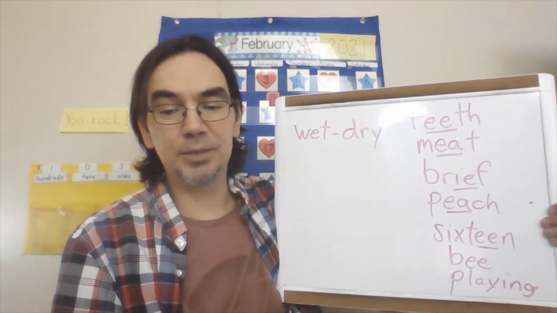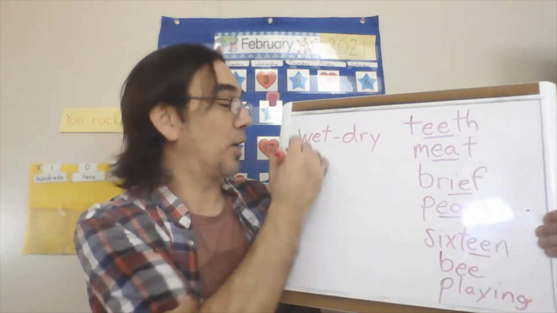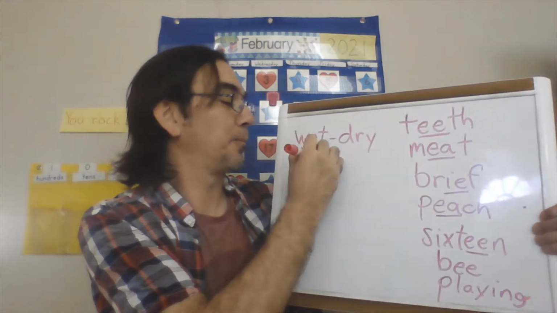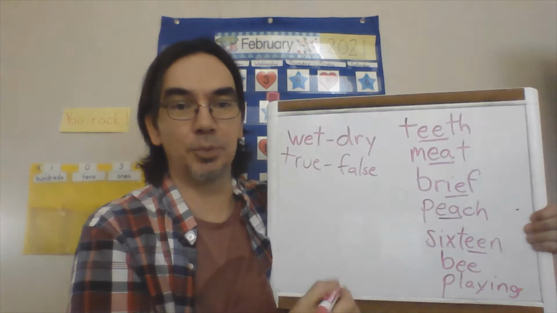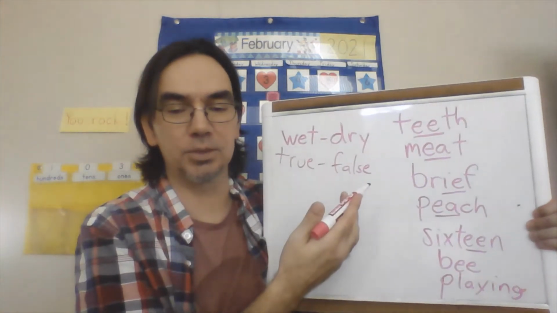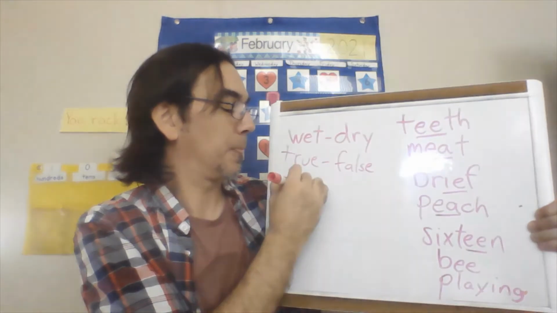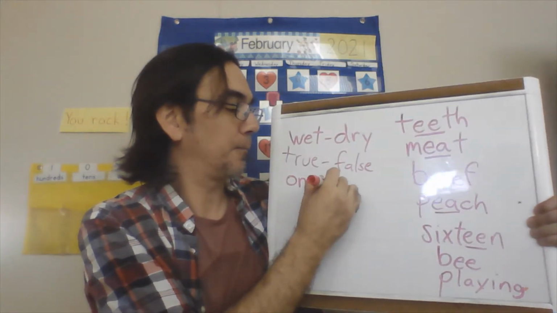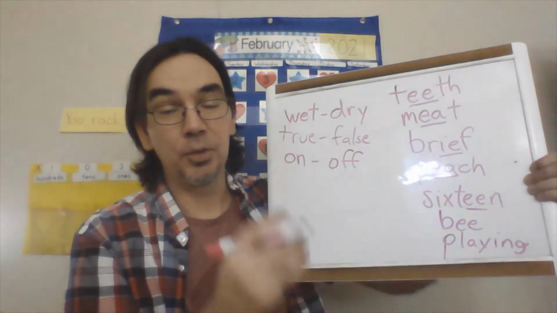Eva came up with a few. She had a few antonyms to help us out, like this: true and false. There they are, true and false. The opposite of true is false. And also on and off. Nicely done. We had a couple other.